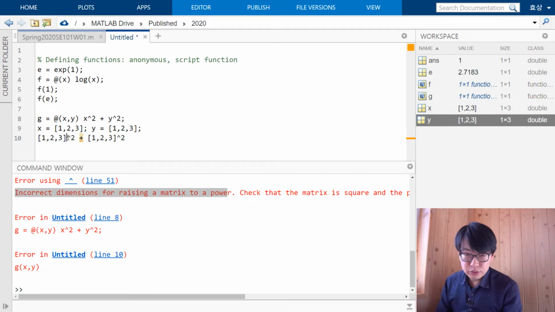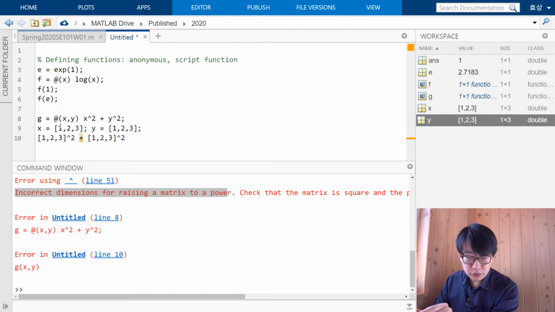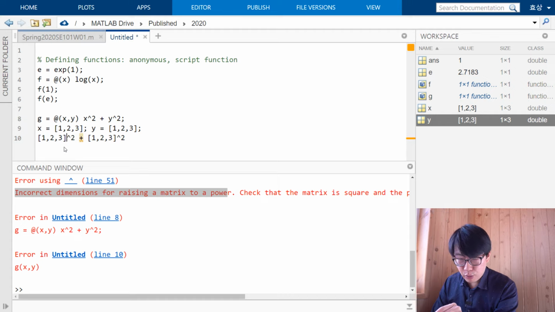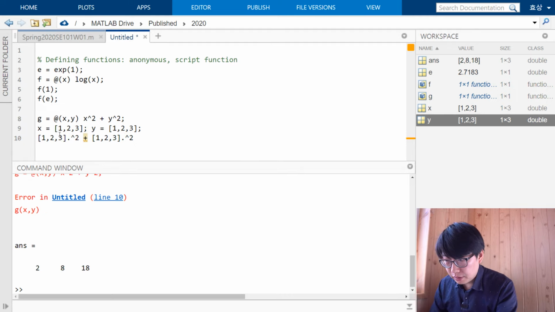What we are trying to do here is take an entry-wise square of x and y and sum those two entries of the matrix. Entry-wise operation requires a dot. So when I put a dot in front of the power symbols, I'm simply computing this one.